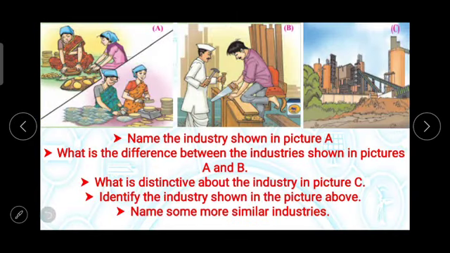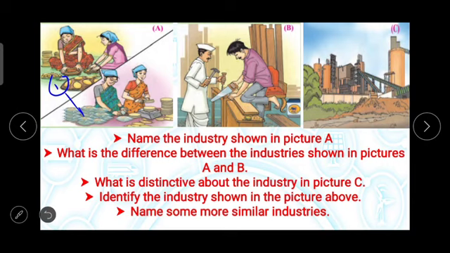Again now A, B and C on the screen. What you have to do, examine all the three pictures shown below and answer the following questions. Name the industry shown in picture A here. Then what is the difference between the industries shown in pictures A and B?